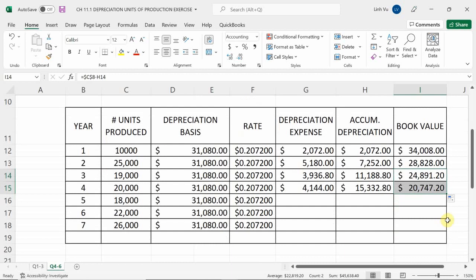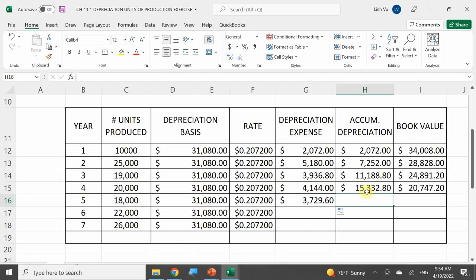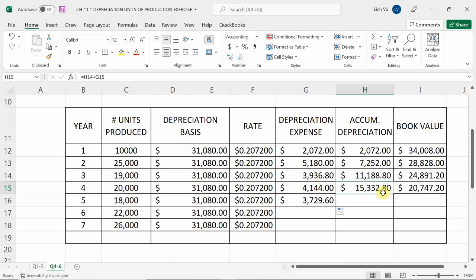Good. Okay. What about year 5 if I drove 18,000 miles? 3,729.60. Okay. Giving me an accumulated depreciation of 19,062.40.